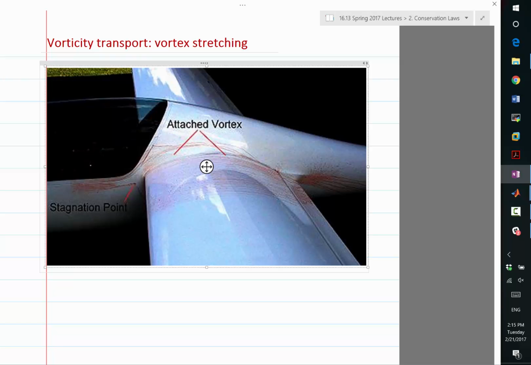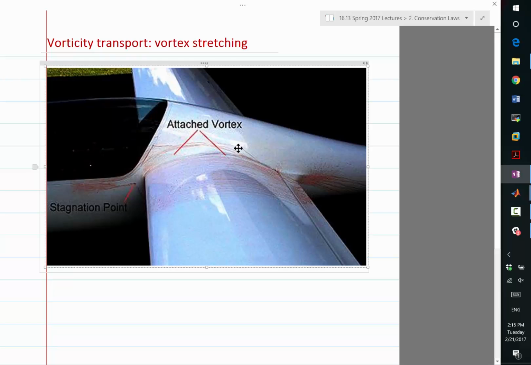So as a result, there are going to be pretty strong vortices both above and below the wing, near the wing-fuselage junction. Now, can somebody tell me what is the direction of vorticity above and below the wing? There is often some small scale separation, sometimes pretty large separation going on over here.